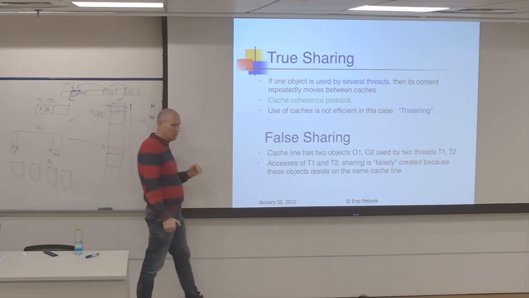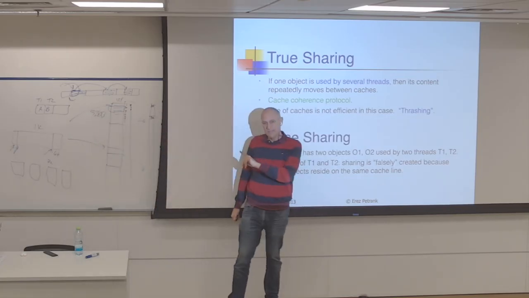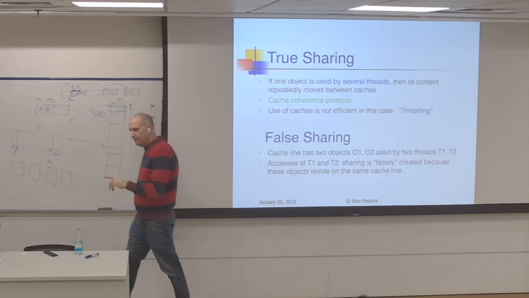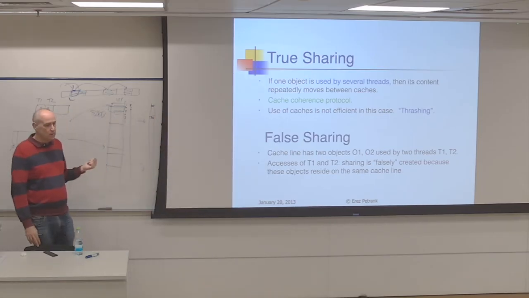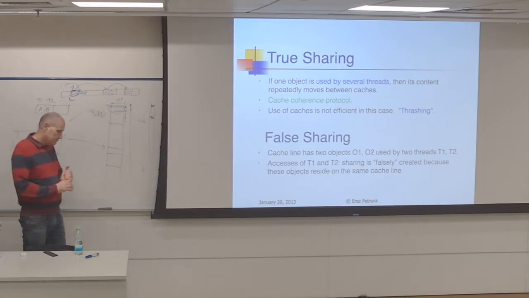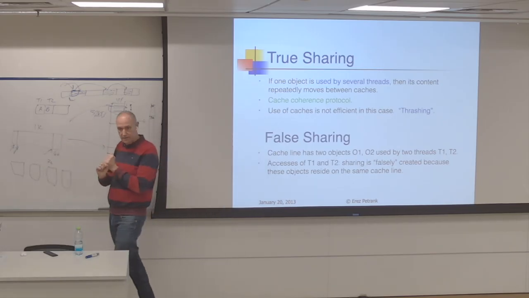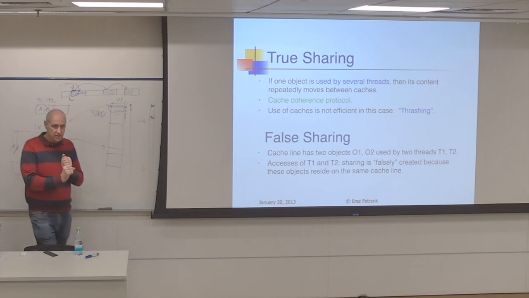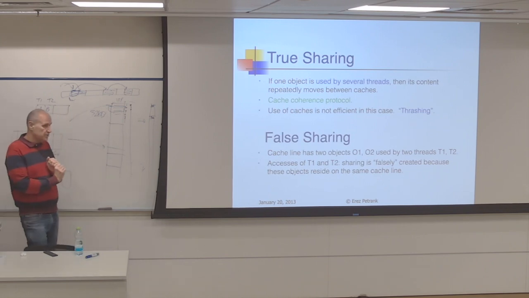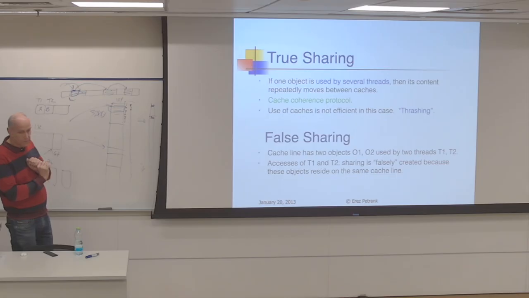And this is major. So if you have something like that in your program, it will make your program run slow. I saw once people that built a garbage collector and it was slow. They didn't know why. They were very serious developers. And eventually they went to look for false sharing.